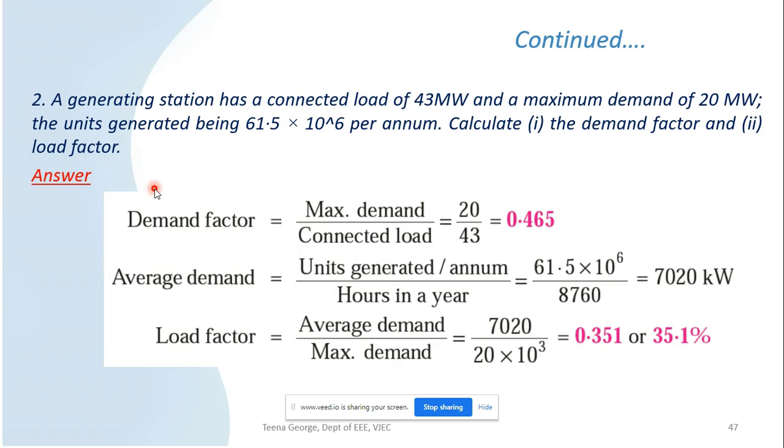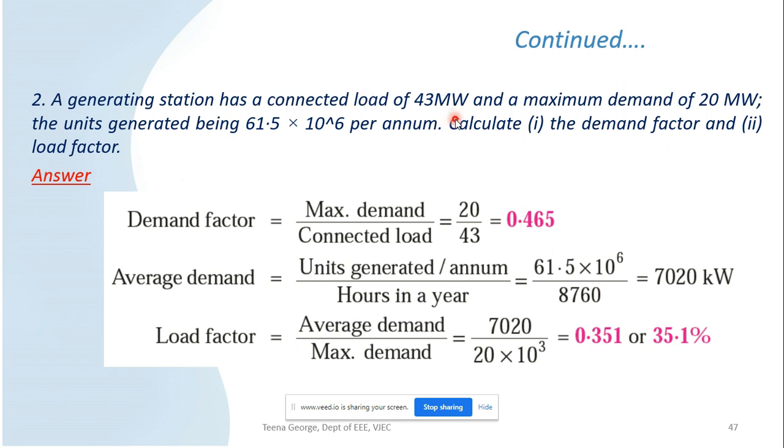Next question. A generating station has a connected load of 43 megawatt and a maximum demand of 20 megawatt. The units generated are 61.5 into 10 raised to 6 per annum. Calculate the demand factor and load factor.